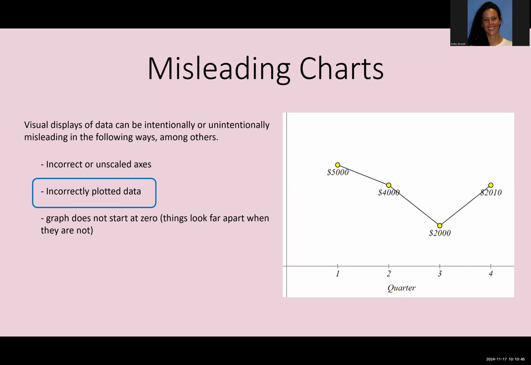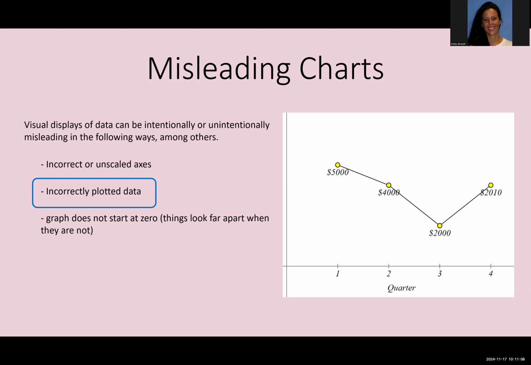So in the next example of a misleading chart, you might have incorrectly plotted data. So here, if we look at what appears to be quarters, and let's just assume this is profits or something. So we've got $5,000 profit, then $4,000 profit, then $2,000 profit, and then $2,010 profit.